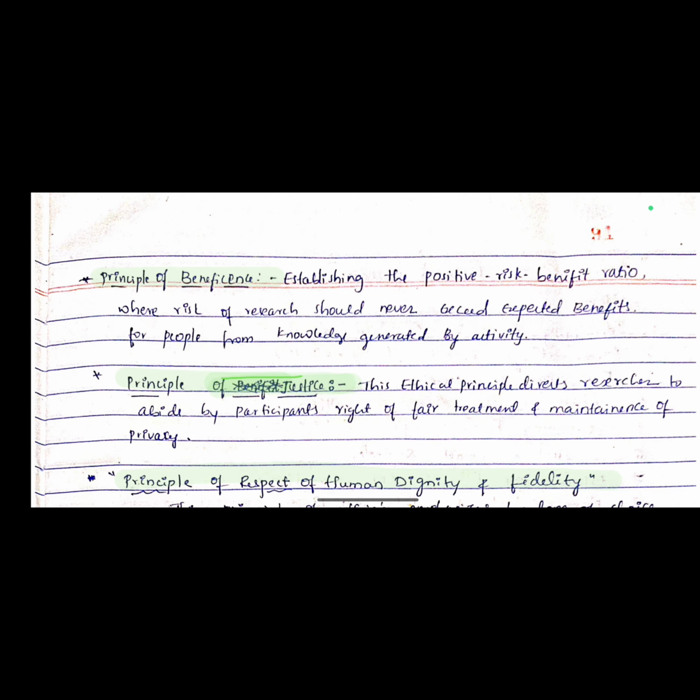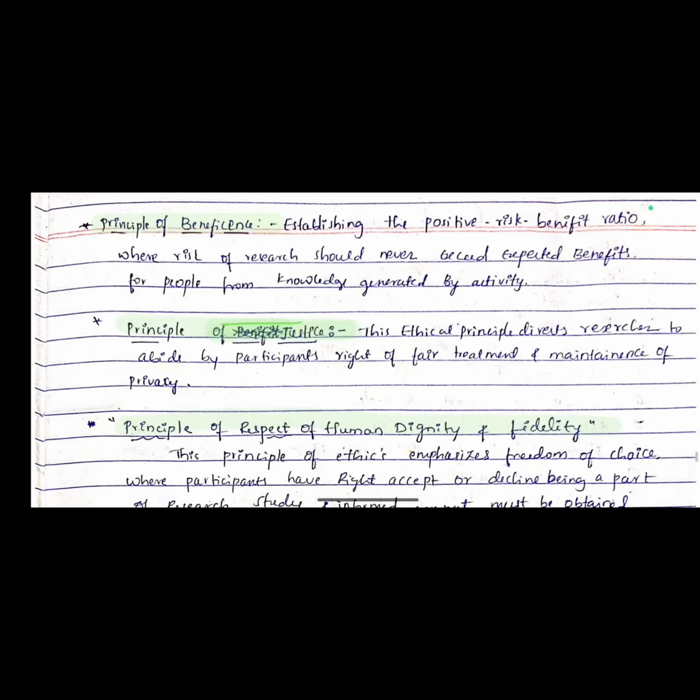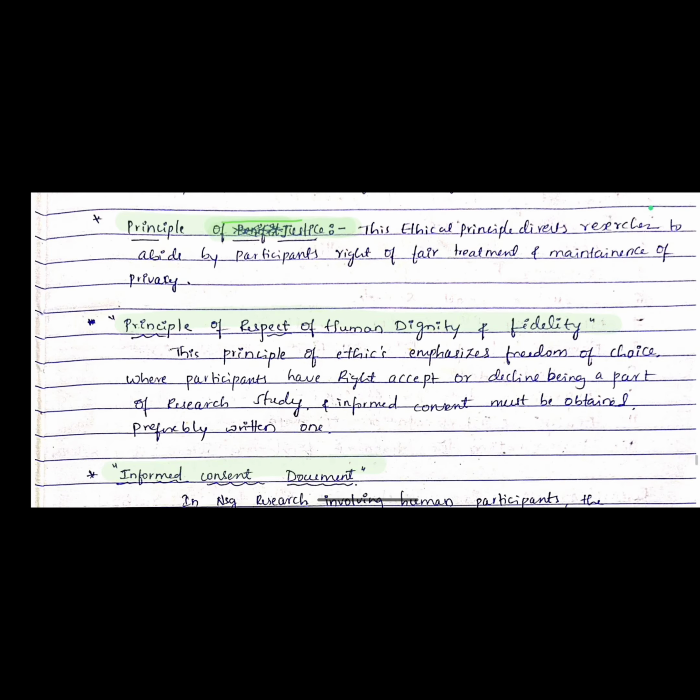Principle of beneficence: establishing a positive risk-benefit ratio, where risk should never exceed the expected benefit generated by the activity. Principle of justice: this ethical principle directs researchers to abide by participants' rights of fair treatment and maintenance of privacy.